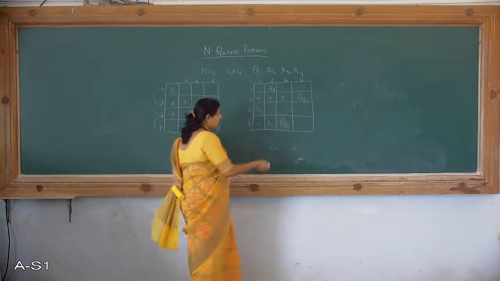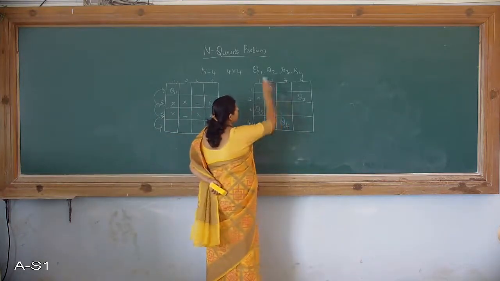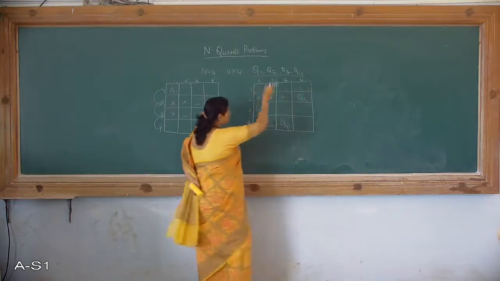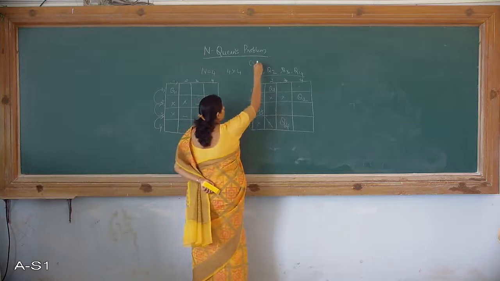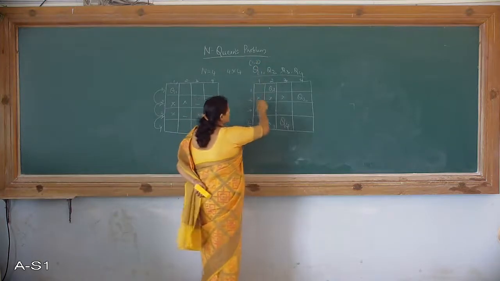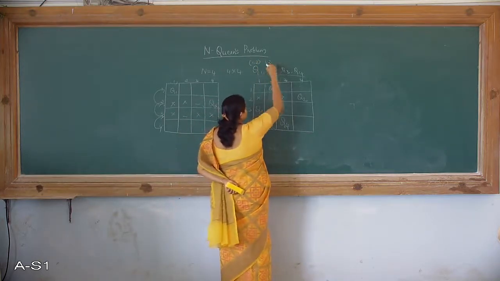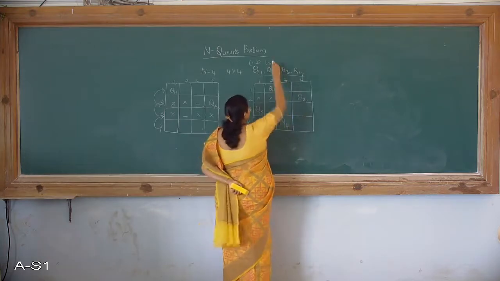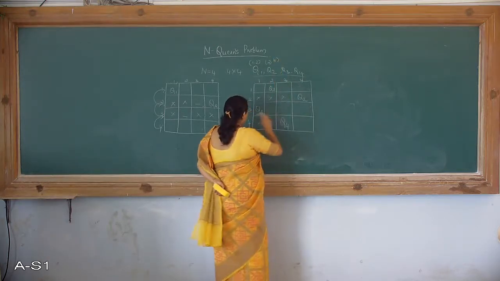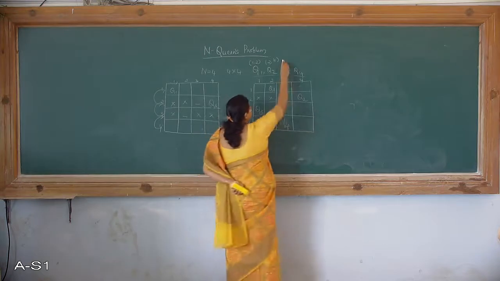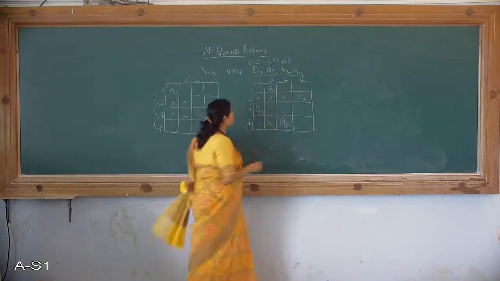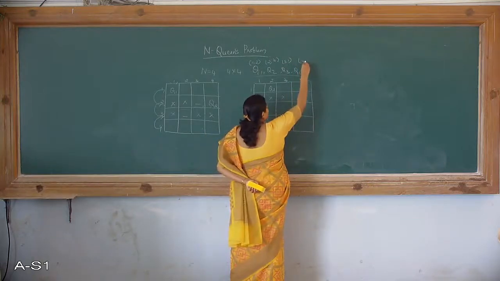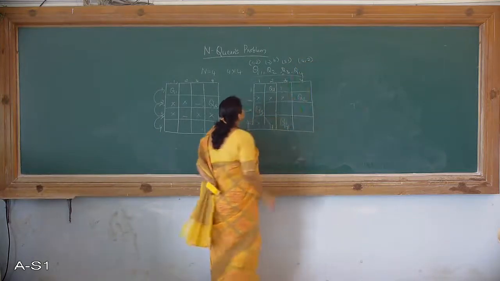Okay, and once done, no more. I had 4 queens, so I have placed them. So now queen 1 is placed at 1, 2 position. Queen 2 is placed at 2, 4 position, queen 3 is placed at 3, 1 position, and queen 4 is placed at 4, 2 position.